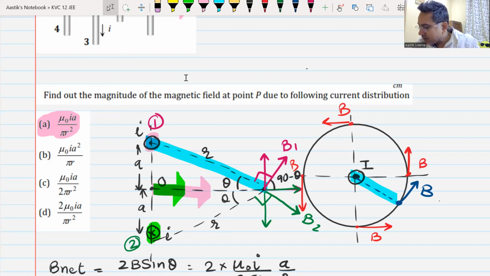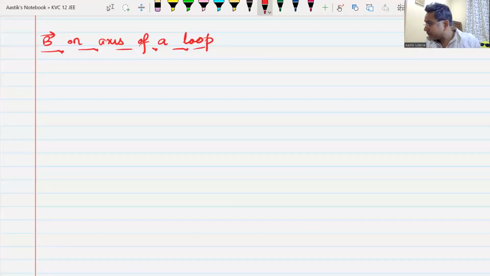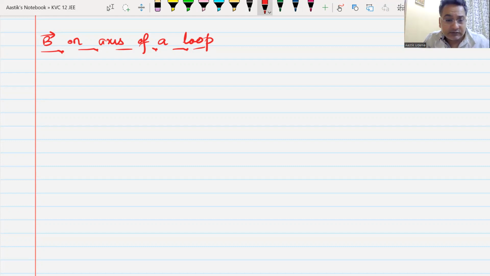We'll not go into the derivation part. We will just see how it looks. We have seen the electric field at the axis of a ring of charge. This is the magnetic version of the same problem.